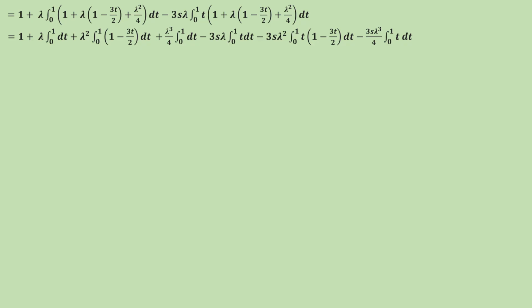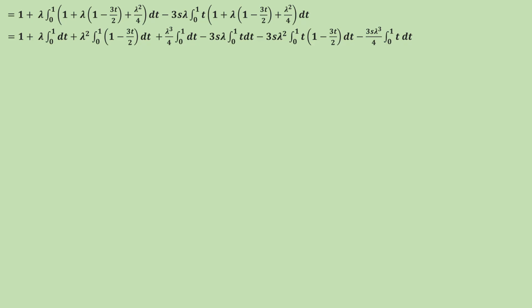separating, right? So that is equal to 1 plus lambda into integral 0 to 1 dt, the first integral, multiplying dt into 1 plus lambda into lambda square integral 0 to 1 minus 3t by 2 dt. Then the last term lambda into lambda square, lambda cube by 4 integral 0 to 1 dt, minus 3s lambda t into 1, right?